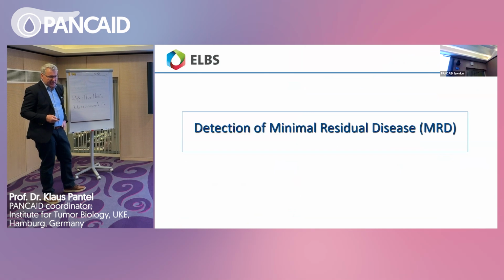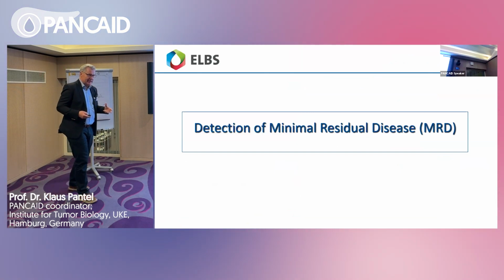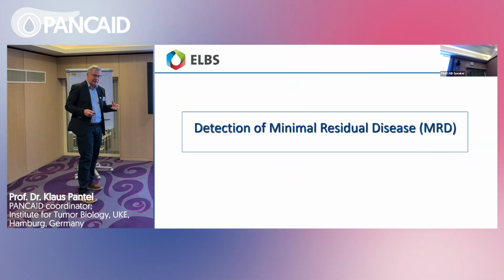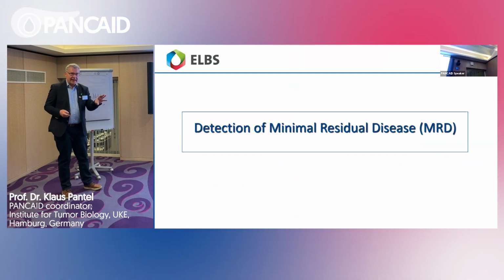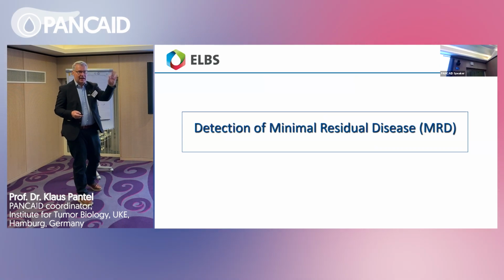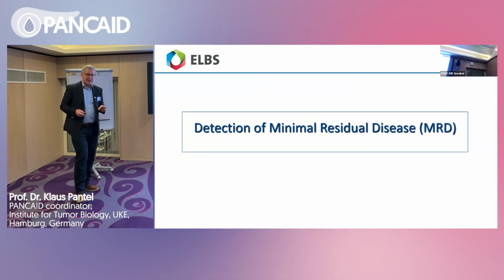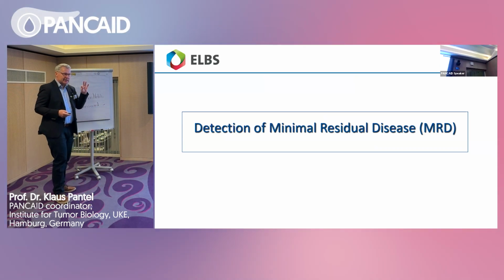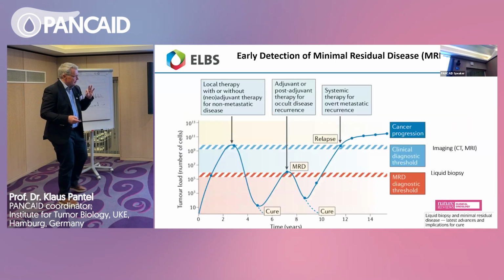So the next application is detection of minimal residual disease. It's a bit like detection of early cancer; it's actually not so different. The advantage here is that you know the enemy. You know whether somebody has breast cancer, pancreatic cancer, or lung cancer, which makes it a bit easier. But again, we have to detect very small amounts.